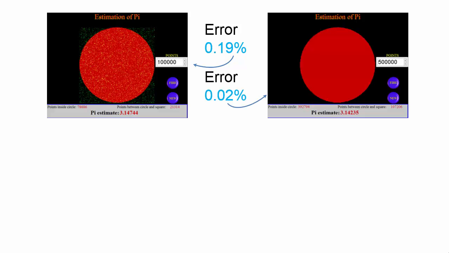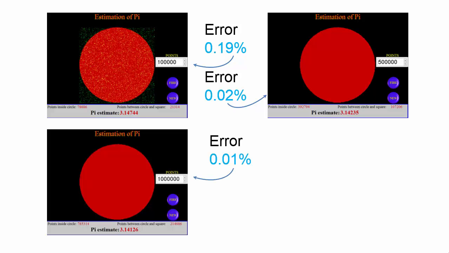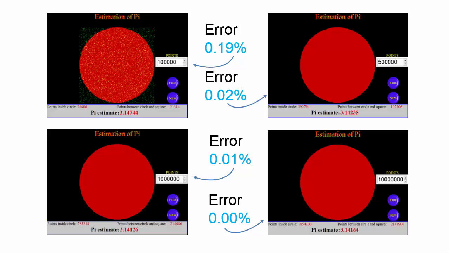Then with 500,000 trials, the estimate becomes a bit more accurate. With 1 million trials, even a smaller error, 0.01%. And finally, with 10 million trials, correct to 2 decimal places, we have an error of 0.